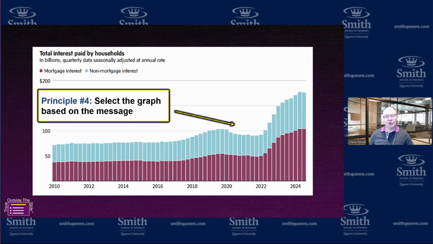And when they chose the stacked column, they made it almost impossible to really truly see the trend in the non-mortgage interest. Those are the blue segments in our graph here, because they do not have a common baseline. It becomes very difficult to sort of go, okay, did it increase, did it decrease, or was that really the purple segment down below? For trends, a line is the correct graph choice, in my opinion.